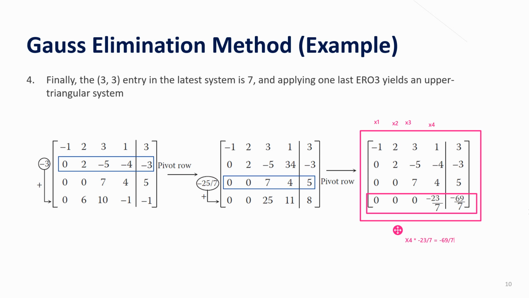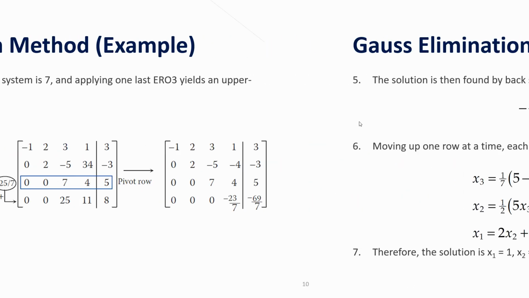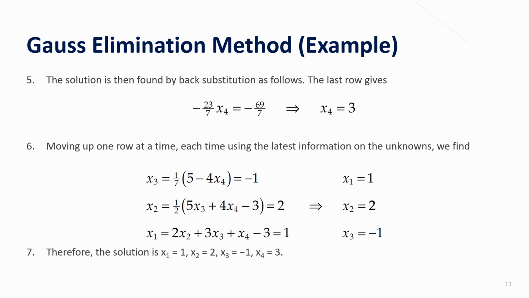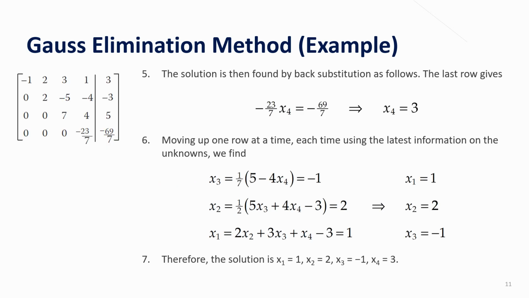Based on this you can solve the linear equation. If you move all the coefficients and leave x4 on the left hand side, you will get x4 equals 3.